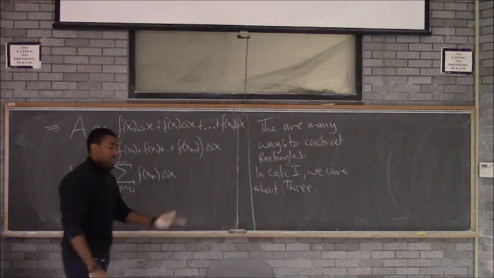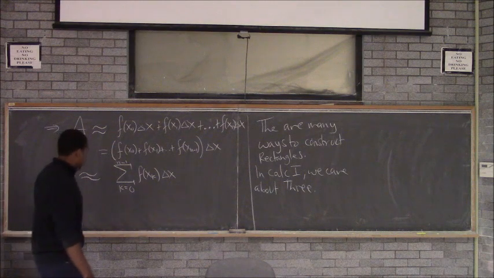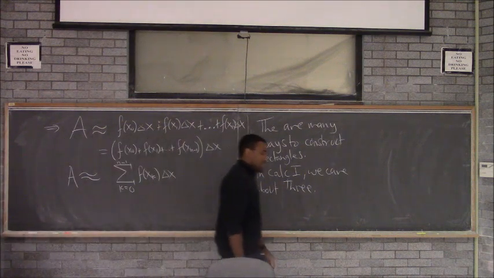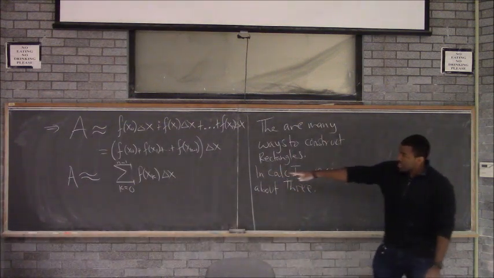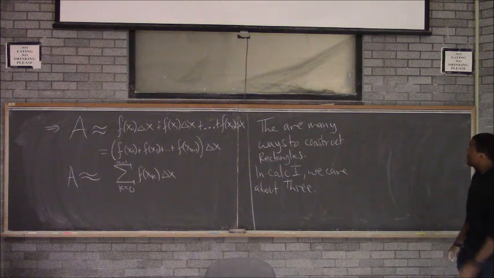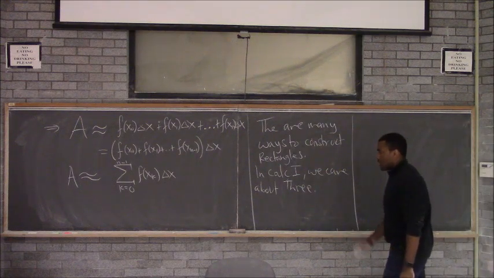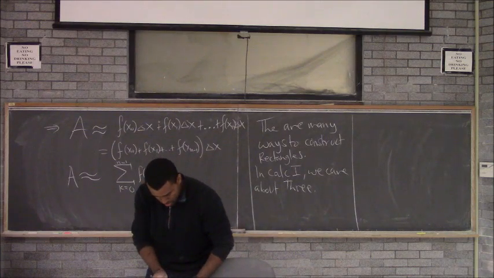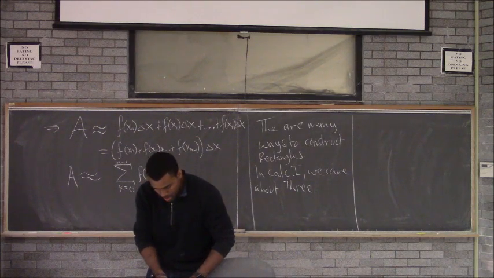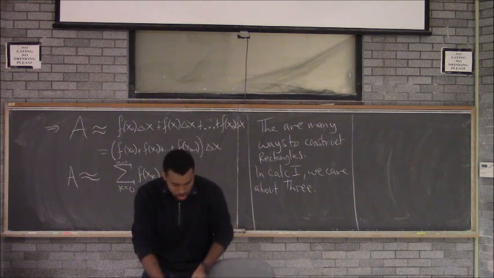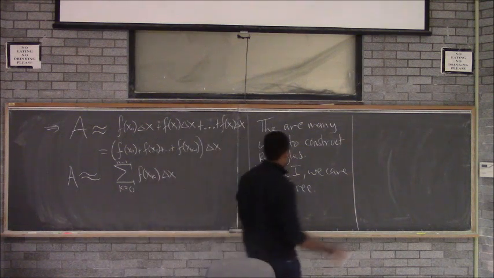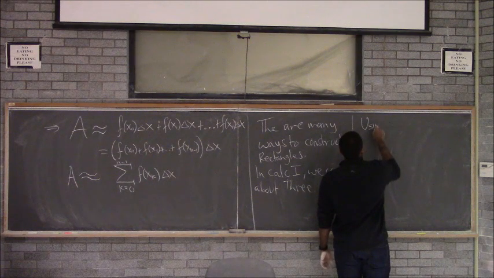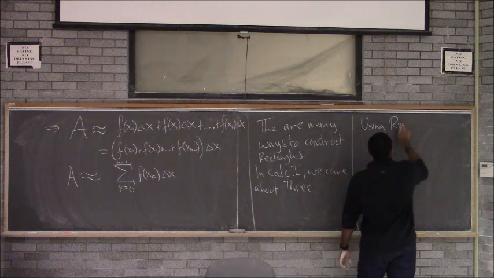So, on your next test for this class and on the final, they are going to ask you to do something like this in one of 3 ways. The first way that I'm going to tell you about comes in no particular order. But the first one I'm going to talk about is using right-hand endpoints.